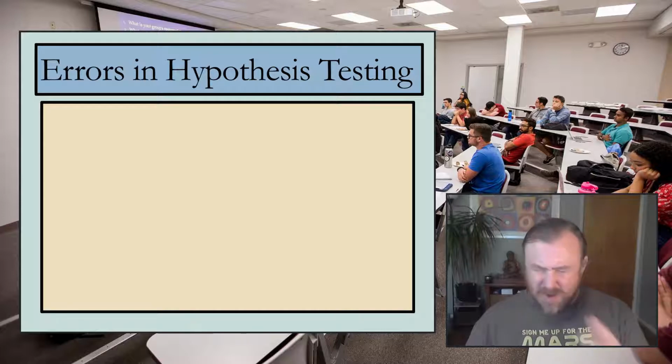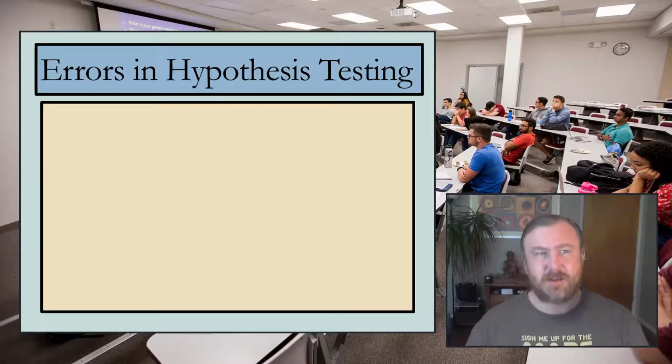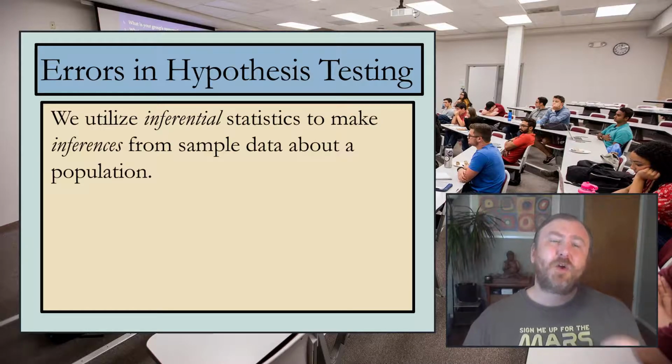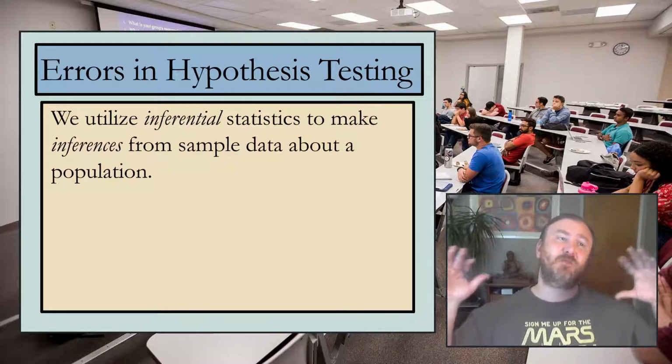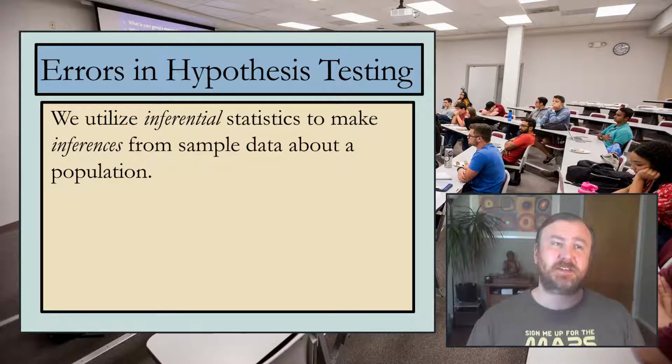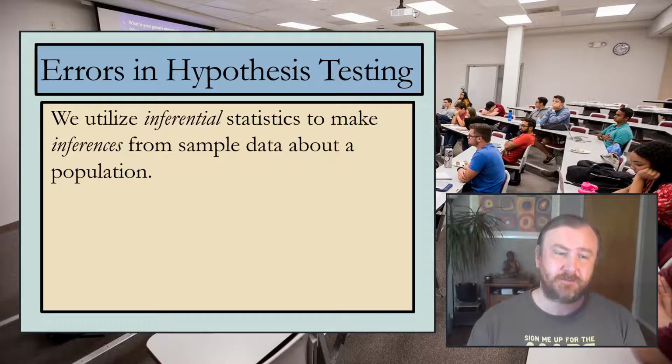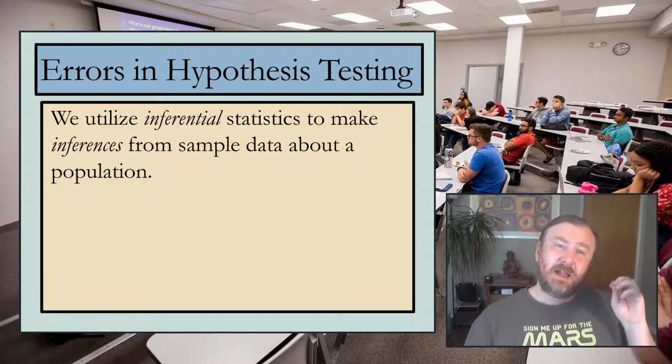Okay, so let's round this up because we're going to transition here into a slightly different path. The important thing to bracket this is that we're using inferential statistics here in an attempt to make inferences from our sample to the population that they represent.